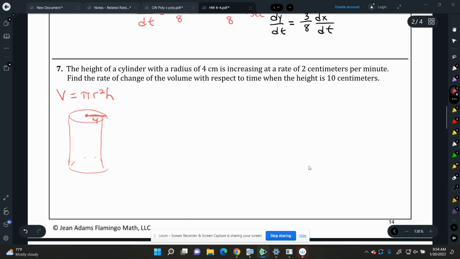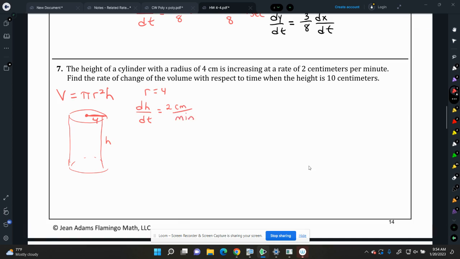Okay, so the height of the cylinder with a radius of 4 is increasing at a rate of 2 centimeters per minute. Okay, so radius equals 4. The height, dH dt, is increasing at 2 centimeters per minute.